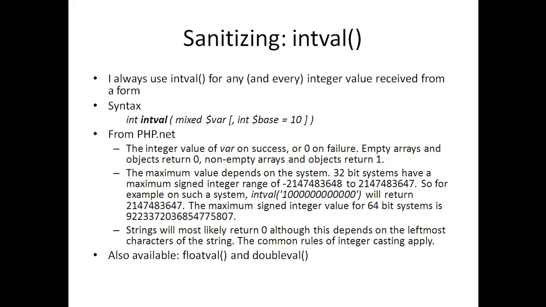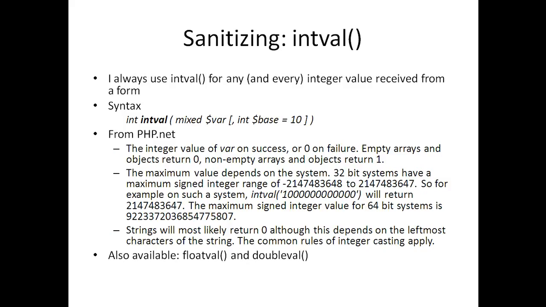And we'll talk about intval. I always use intval for any and every integer value received from a form. The syntax is it returns an integer, and you can pass it a variable of type mixed, meaning it can be a string, an integer, an array, and that kind of thing. The optional argument is the base. If you're going to get an integer value, you can specify the base.